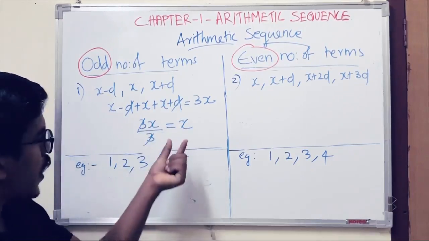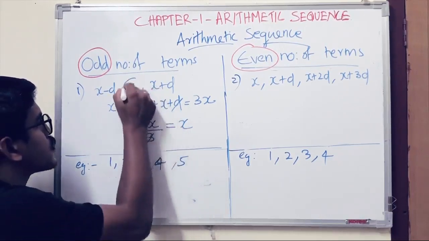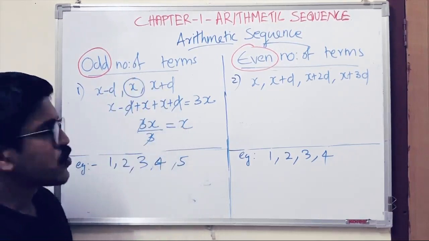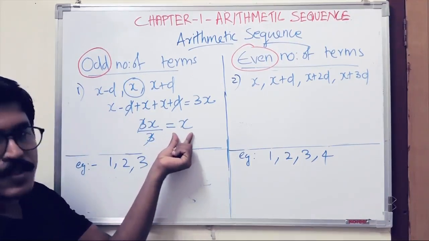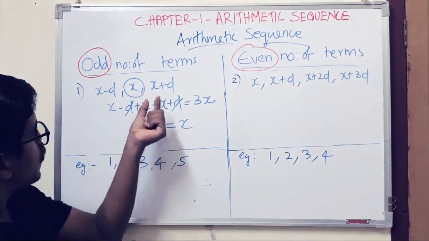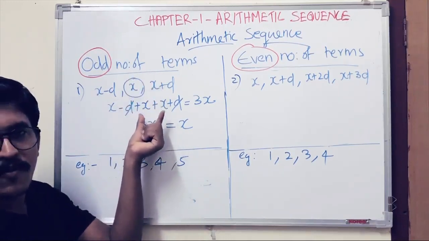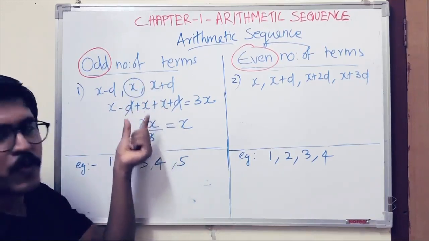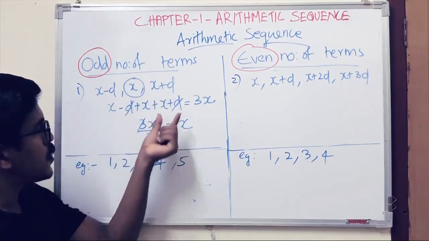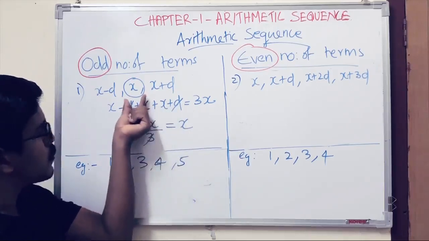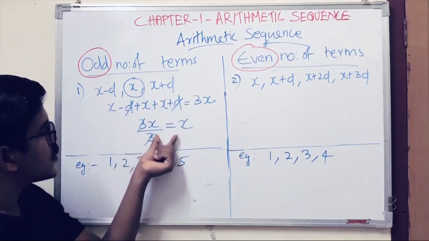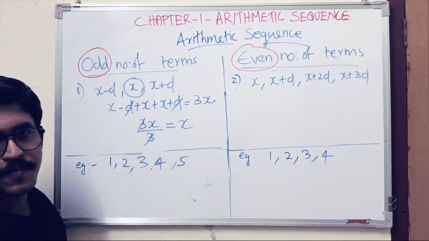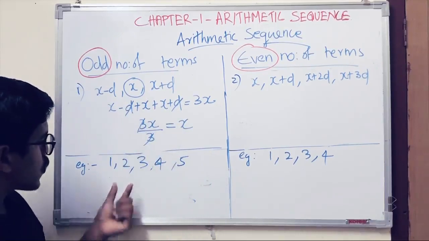So if you are taking the average, the center number itself will come. So we can generalize this: if you are taking any odd number of terms, let us say n odd numbers, then the sum is n times the middle number and the average is the center number itself.